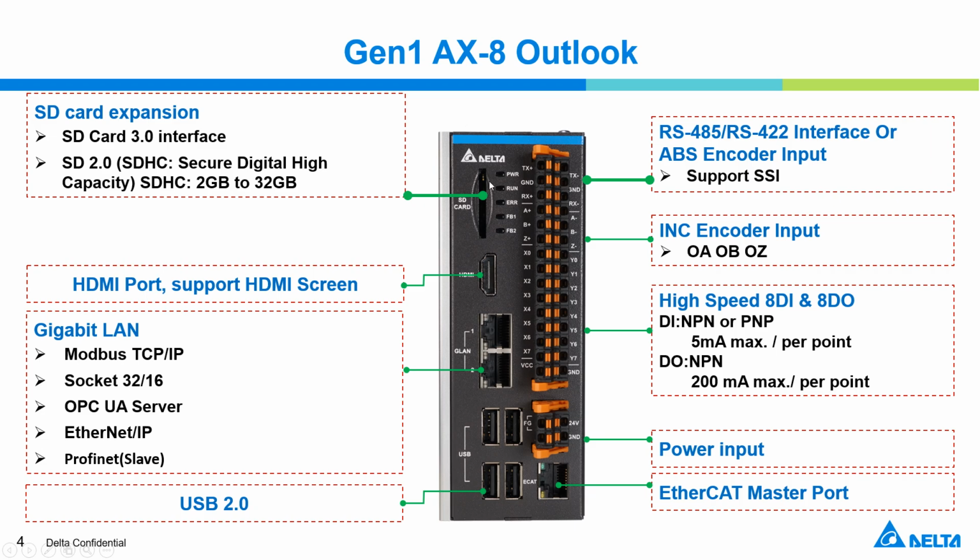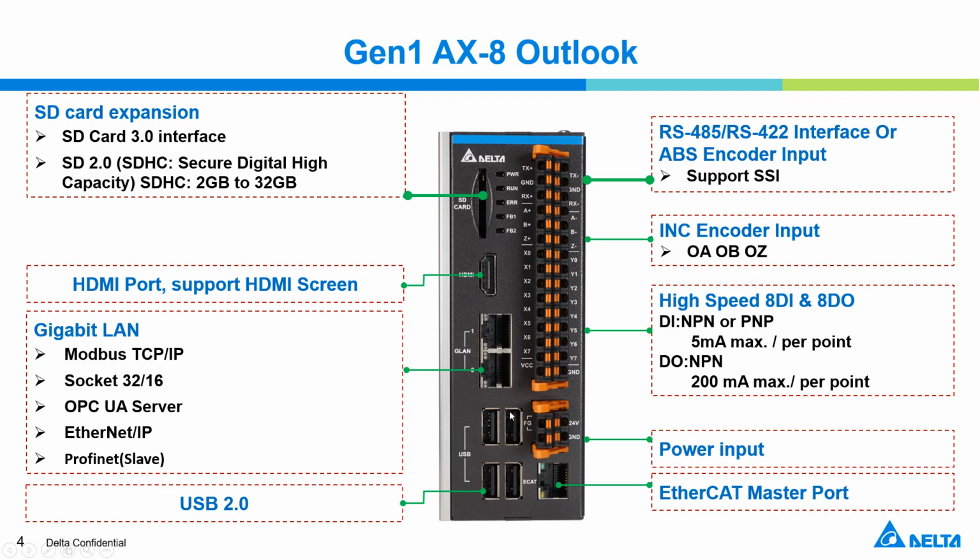You can see from the picture here, AX8 supports the SD card, and it also supports the HDMI port, to support an HDMI screen. Here it has two LAN ports, and can support several protocols like Modbus TCP, socket, OPC UA server, and EIP, and can also be a Profinet slave.